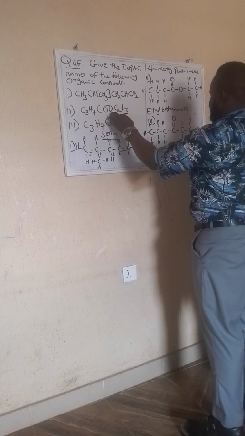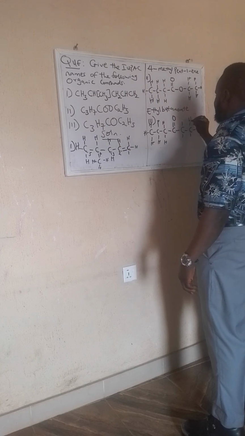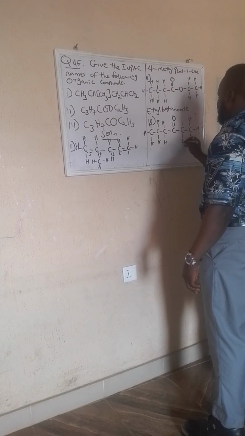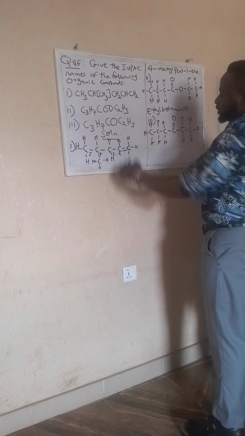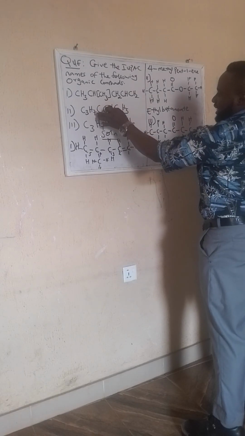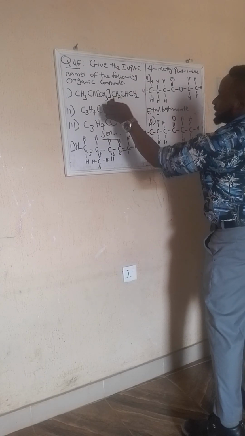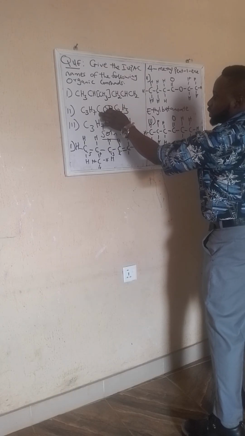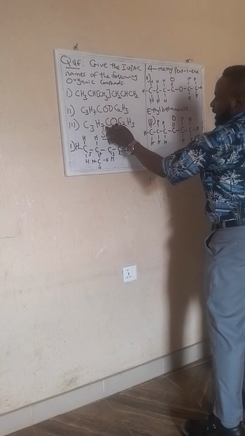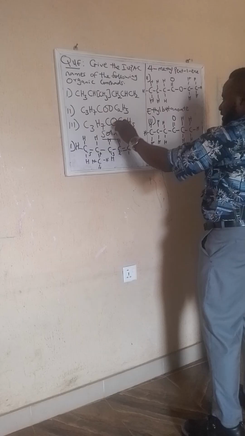Now, this compound is not this compound. There are two different compounds. Look at it carefully. One has two oxygens, this one has one oxygen. This is an ester, this is a ketone. Esters are also known as alkanoates, while this is an alkanone or a ketone.